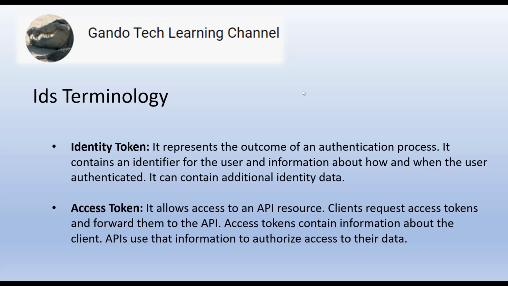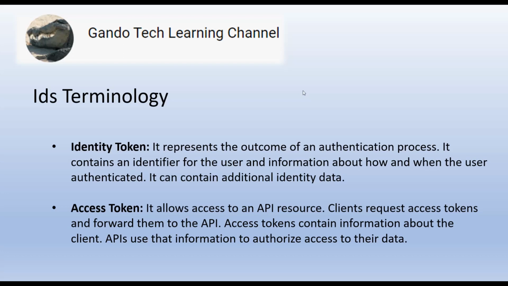So let's say, for example, you want to log into your UI, let's say a mobile application or your web applications or even Windows applications. Before login, as soon as you try to access any page, it will lead you to the login page, which is coming from the identity server, and then you put in your username and password, your credentials, and these send the request to the identity server.